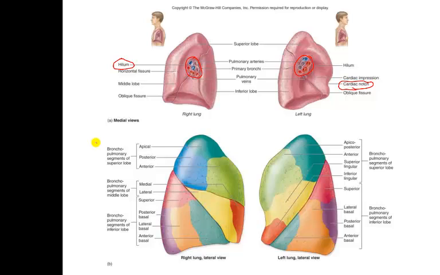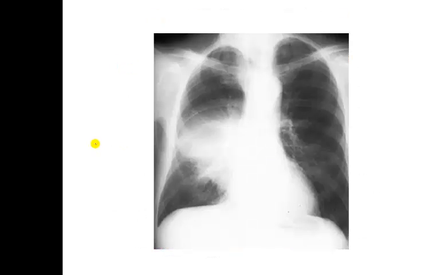That's actually important clinically because when people get a pneumonia, these connective tissue membranes inside the lung can help basically contain an infection to just one segment. So when people get a pneumonia, typically the pneumonia starts out anyway as being what's called a segmental pneumonia.